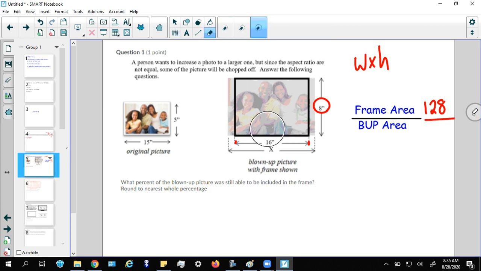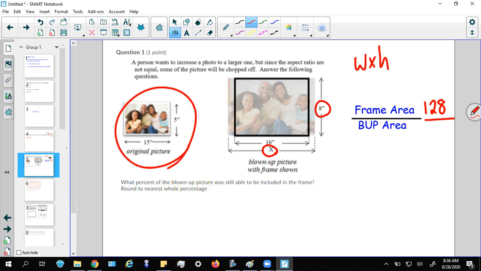But where things get a little more complicated is we have to find the width of the actual picture. Again, we know the height of the picture, it's 8, because the picture in the frame goes to the same exact spot, but it's the width that we don't know. But if you notice, we're given the original picture. The reason we're given the original picture is to create a proportion.